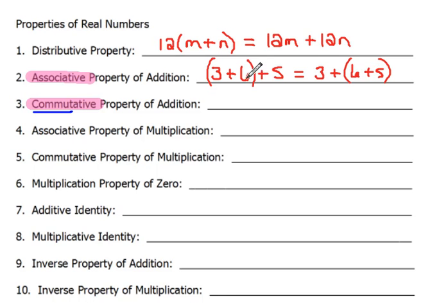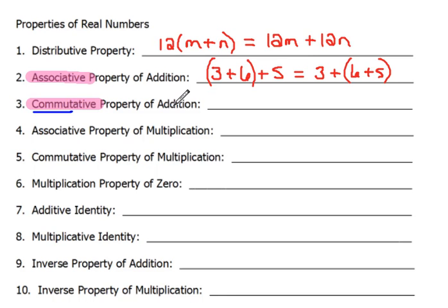Now notice these are in the exact same order. The order hasn't changed. We've just reassociated what we're doing first. Here we would do the 3 plus 6, which would be 9, plus 5 would be 14. Now over here, the parentheses around the 6 and the 5 tell us that we have to do that first. So 6 plus 5 would be 11, plus 3 would be, again, 14. So we get the exact same thing.